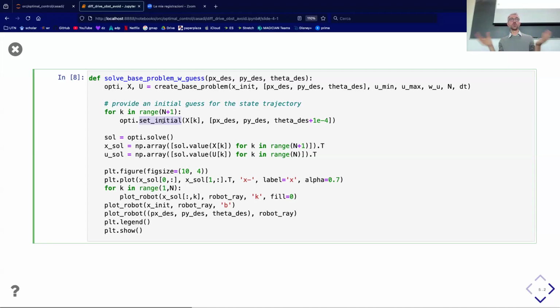We can initialize all variables or even just a subset. In this case, I'm only initializing the state variables, not the control variables, because that's sufficient for what I want to do. I'm initializing the state variable to be equal to the desired final state and the desired final orientation plus a very small perturbation of 10 to the minus 4.